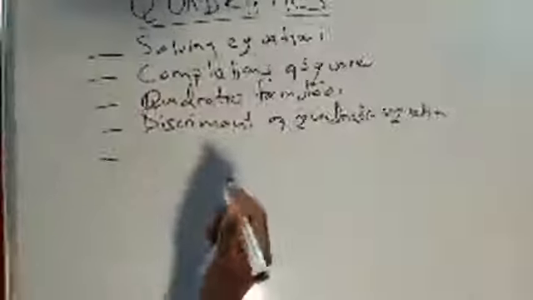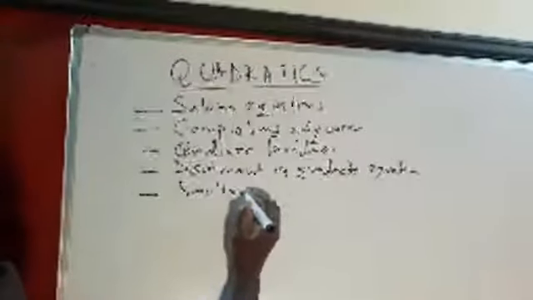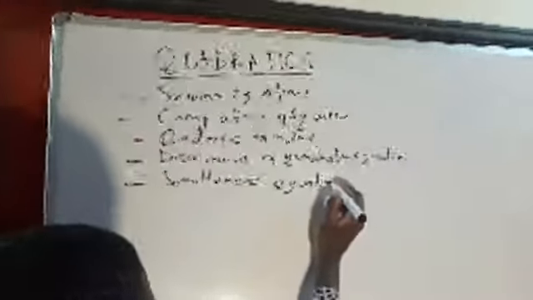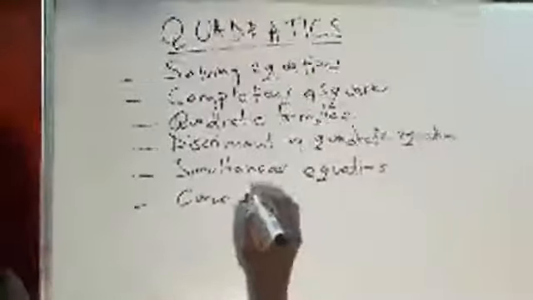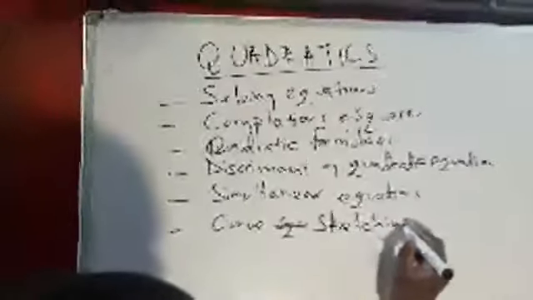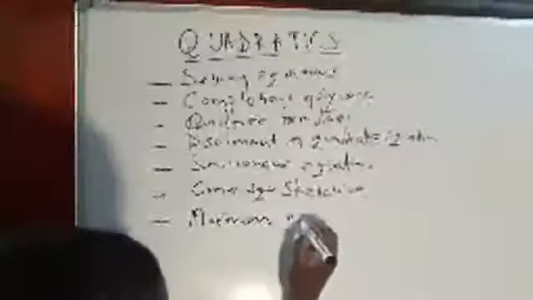We have simultaneous equations, curve sketching, and the last one, which is called maximum and minimum.